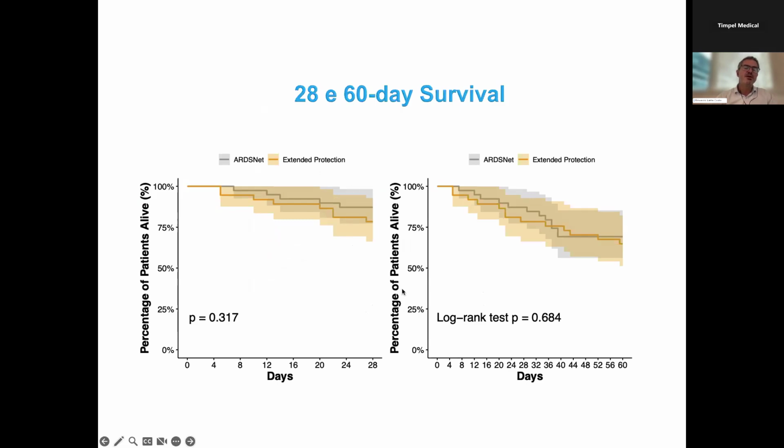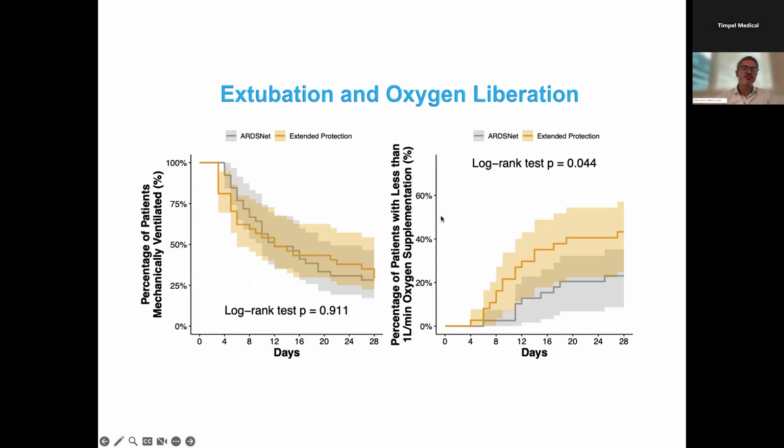I'll show you that in a moment, but regarding survival, both 28 and 60 days, there was no difference in this trial. There was no difference in terms of time to extubation. There was a difference in terms of lung function: patients would get rid of supplemental oxygen faster in the intervention arm, as a secondary outcome of this paper.